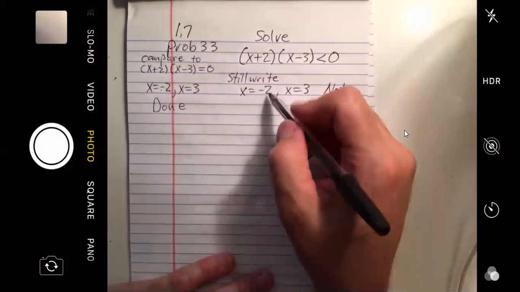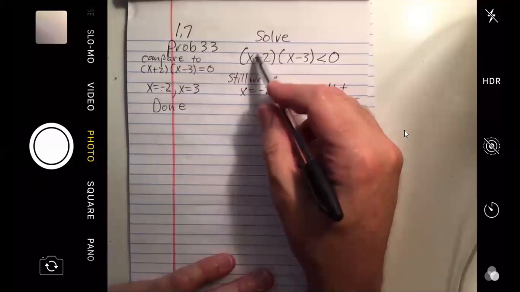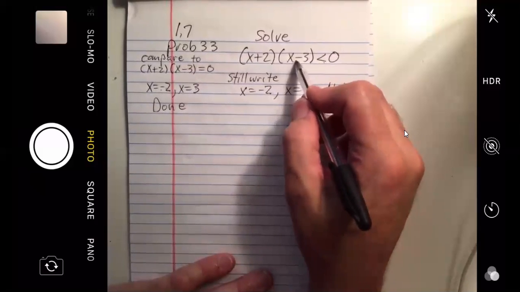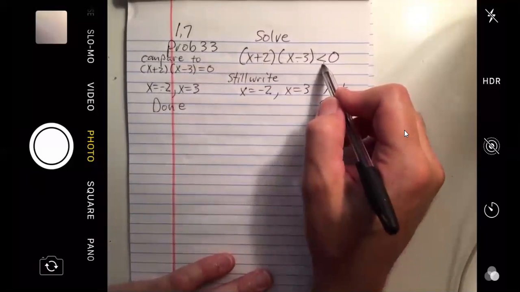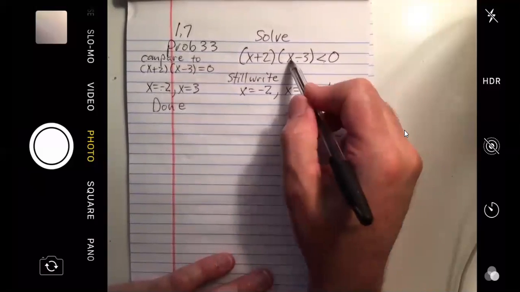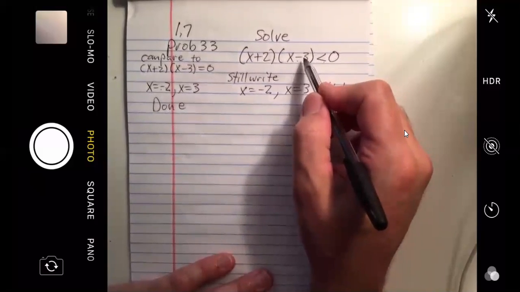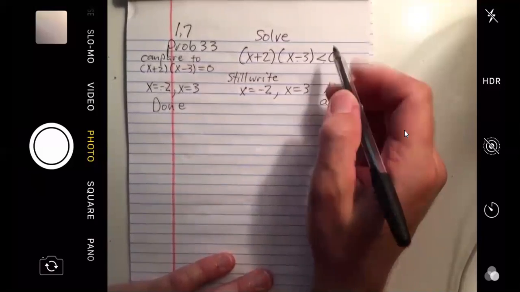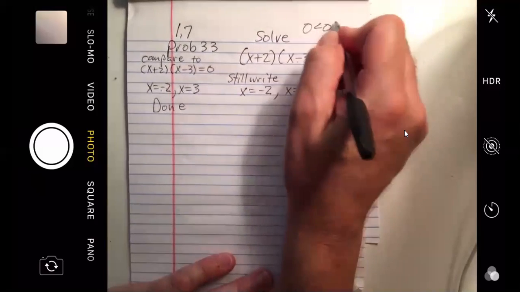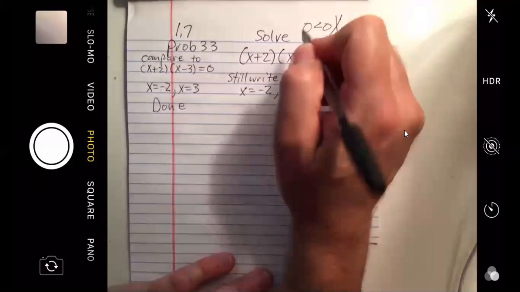You can see it. Put in -2, add 2, you get 0, times this, 0 is not less than 0. Same thing with 3. 3 minus 3 is 0, not less than 0. This is not true. 0 is equal to 0.